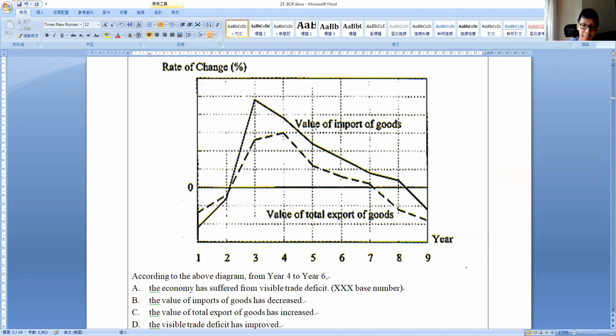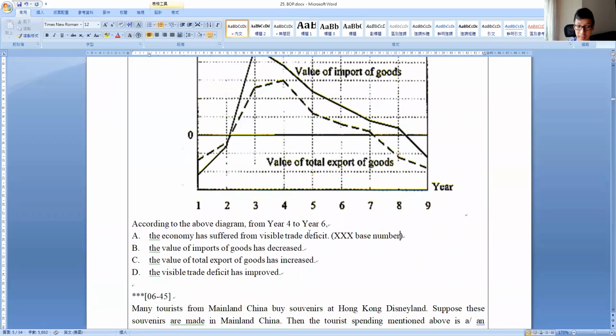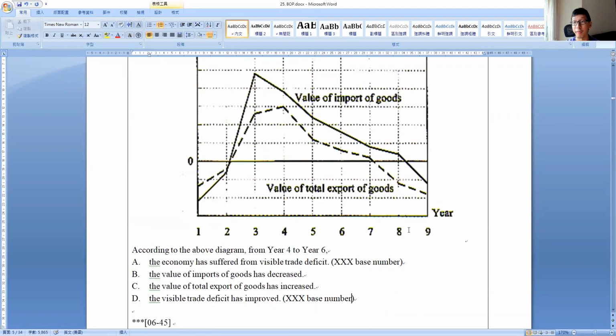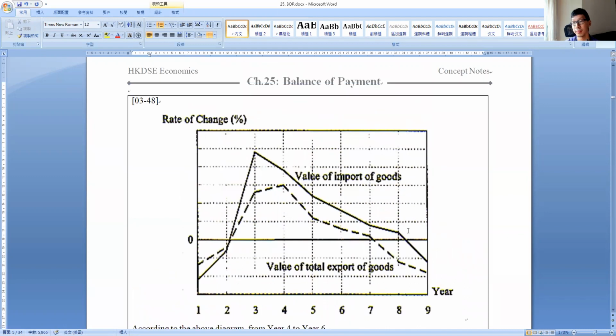But you don't know anything about base number. So trade deficit, we do not know. Trade deficit has improved. Again, we do not know because we don't have base number. Answer will be C here. 好冇？嗱 for whatever reason, EAA decided to have the same type of question in 2018, only to mess it up this time. So let's look at it.